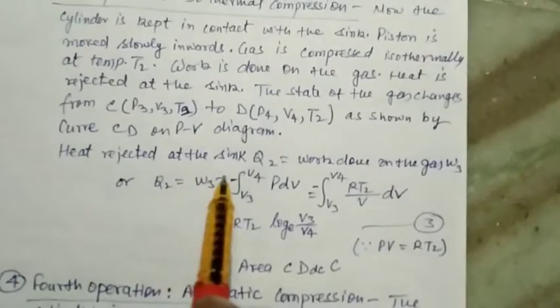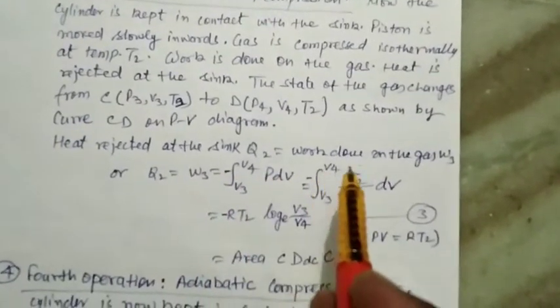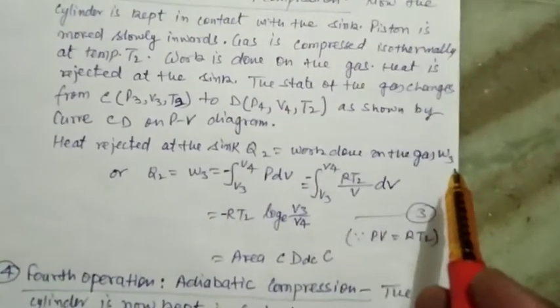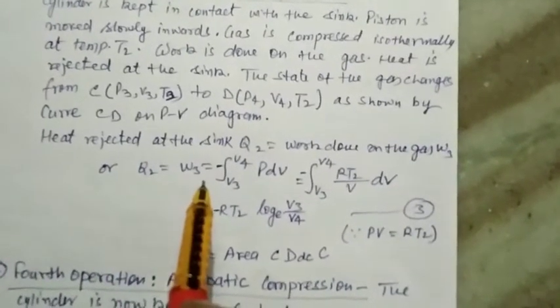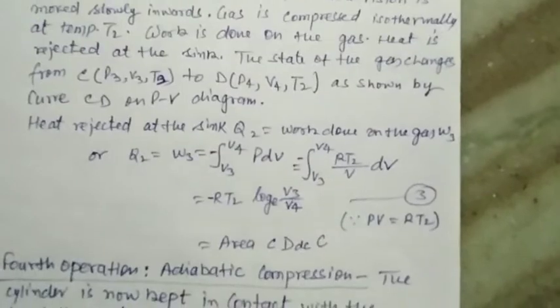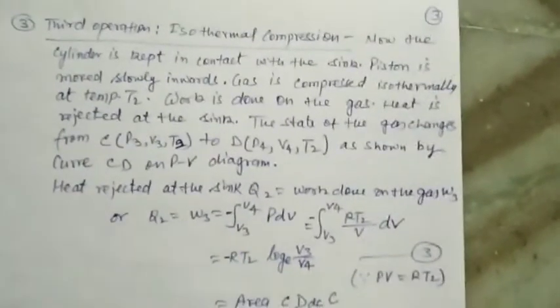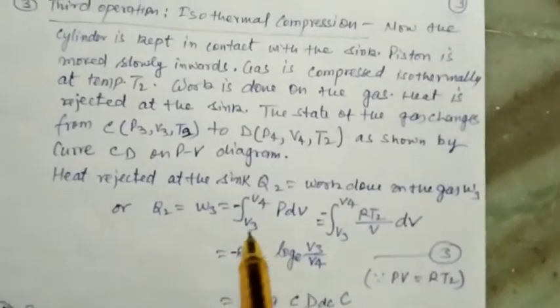Heat rejected at the sink Q2 is equal to work done on the gas W3, or Q2 is equal to W3 is equal to minus. Why minus? Since the work is done on the gas.